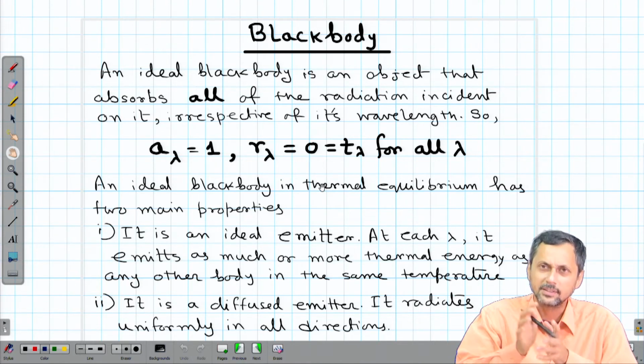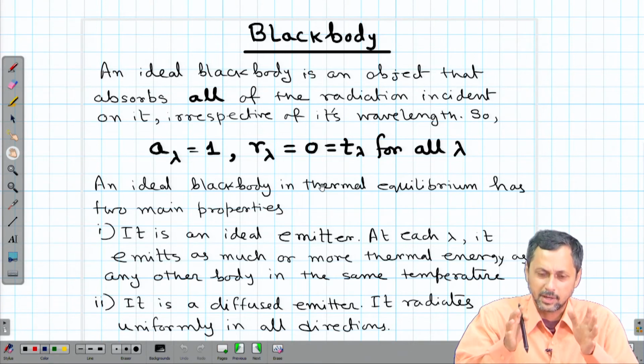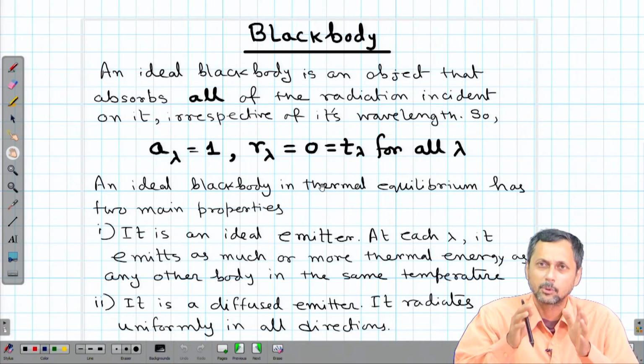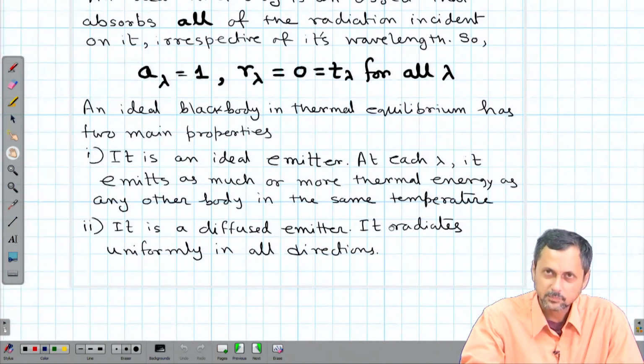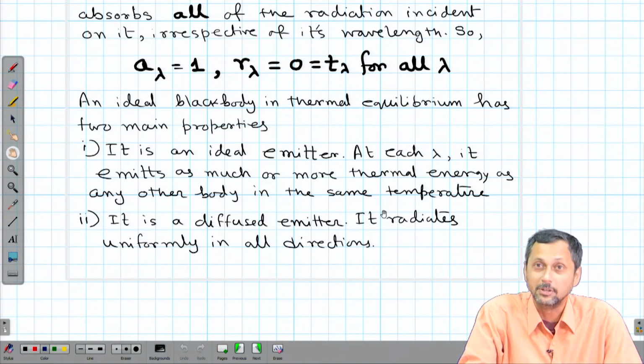So, I will just point out the main properties of black body during the course of this lecture, and as and when required we will prove certain properties associated with the black body. So, an ideal black body also is a very good emitter.